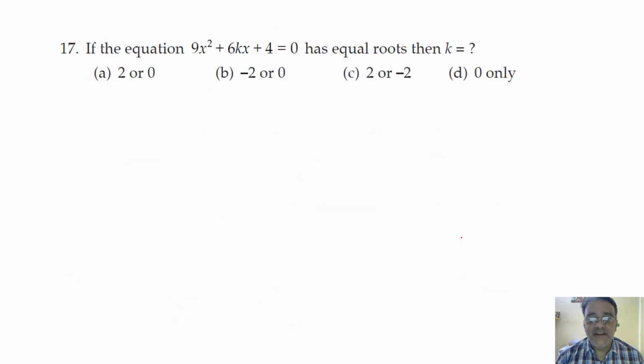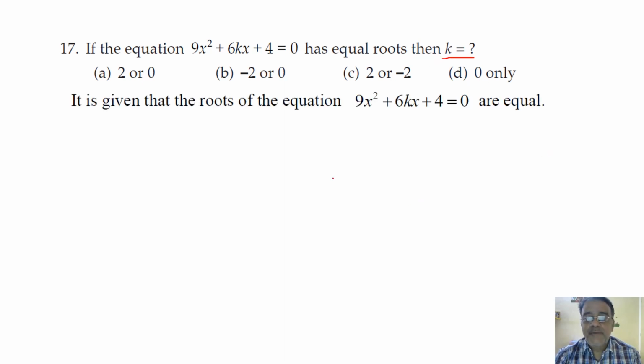If the equation 9x square plus 6kx plus 4 equals 0 has equal roots, again D equals 0, that is b square minus 4ac equals 0. Then the value of k is dash. So first b square minus 4ac equals 0. That is 6k whole square minus 4 into 9 into 4.